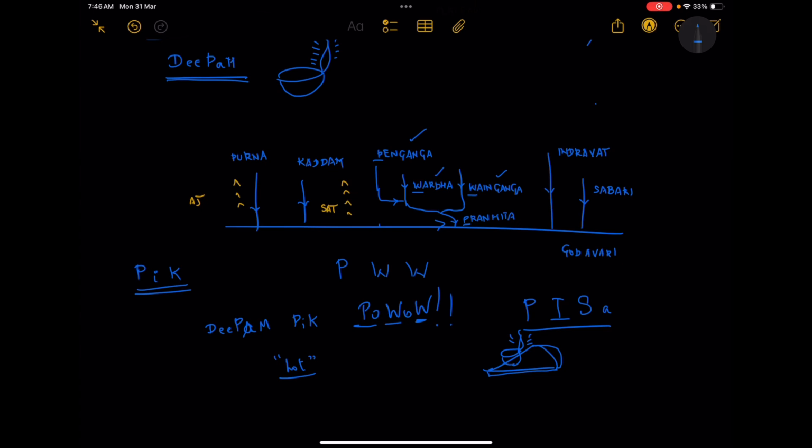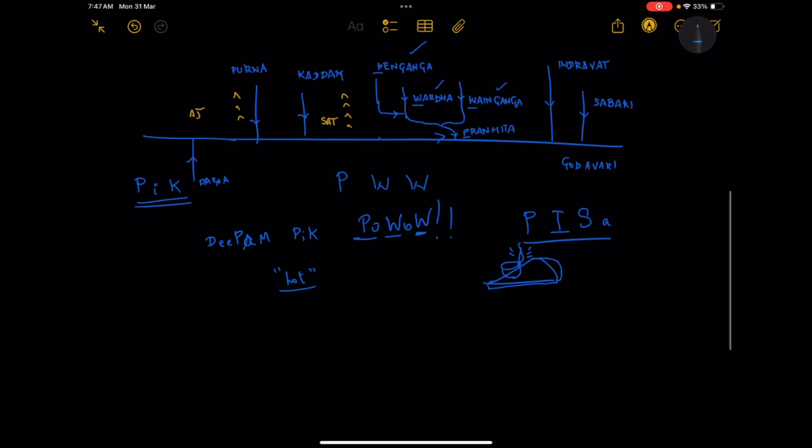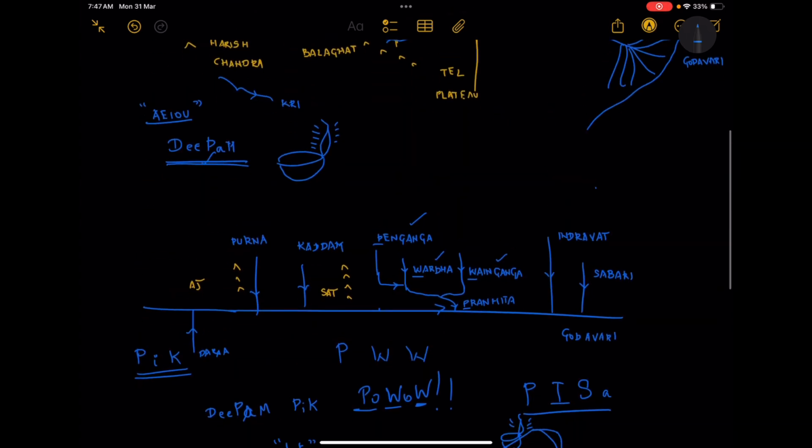So Deepam stands for the rivers which are present from the south. We have the first river, which is actually starting from here, is Darna, and after Darna, P, right? So P stands for Pravara, and after Pravara, we have the next river system, which joins Godavari after crossing through into Telangana.